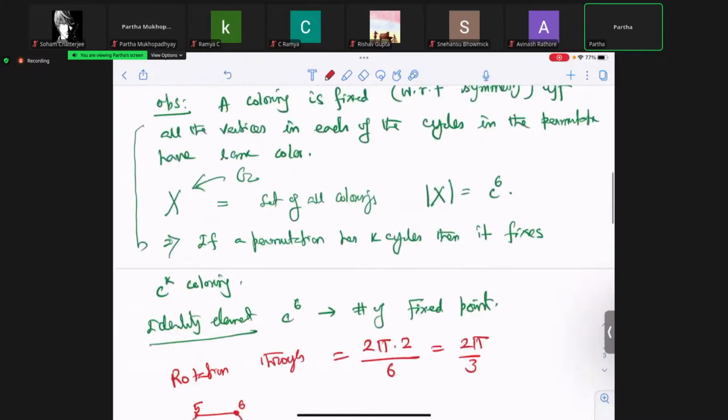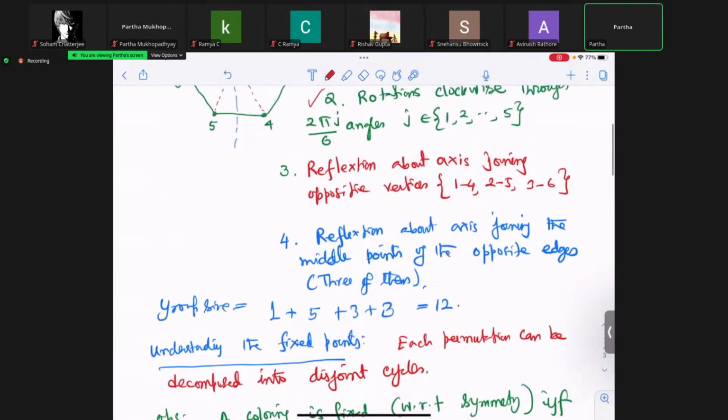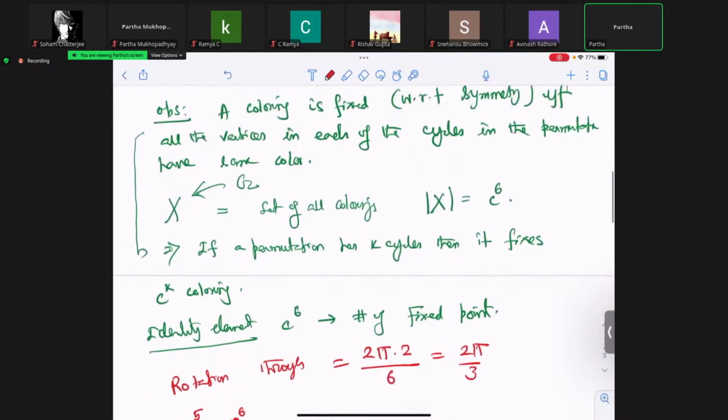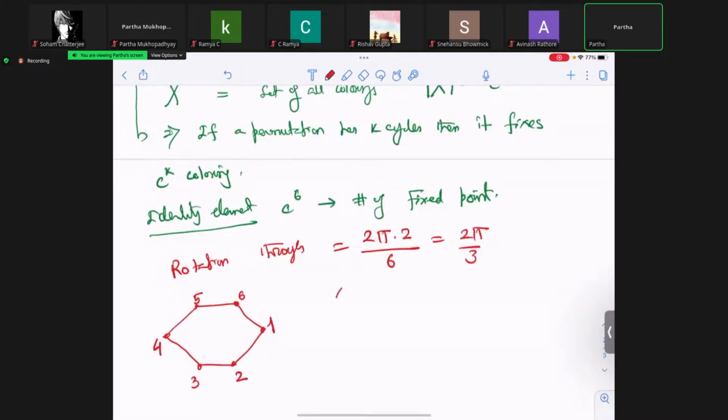So let's understand the cycles. What is the permutation?